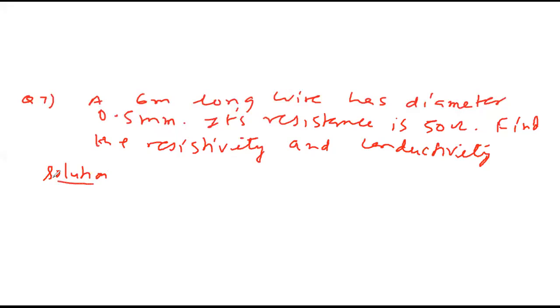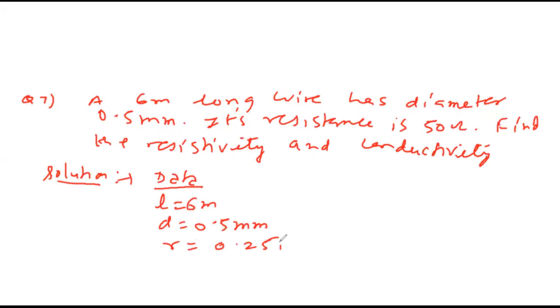A 6-meter long wire. So length is 6 meter, diameter 0.5 millimeter, radius will be 0.25 millimeter, that is 25 into 10 raised to -5 meter. Millimeter to meter is -3 and the decimal gives -2, therefore -5.